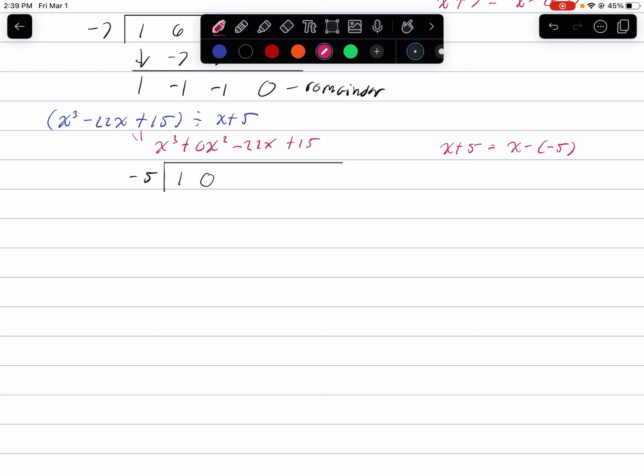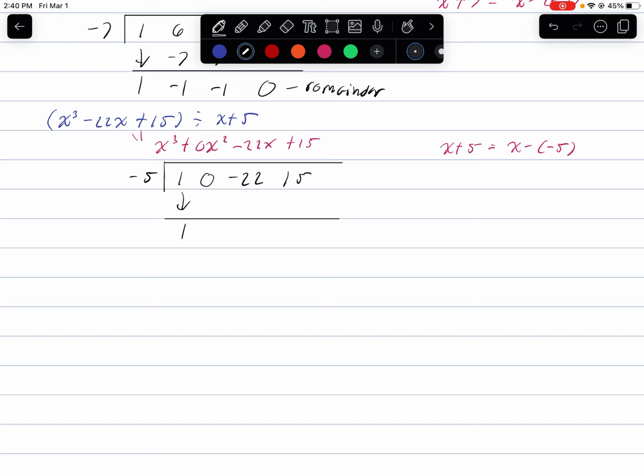So you have to make sure you include every descending term of your polynomial. Then we have a minus 22 for our x term and a plus 15 for our constant term. And now we're good to go.